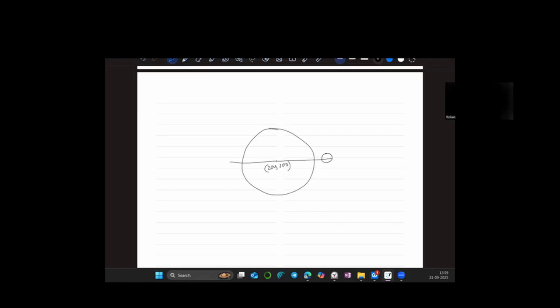Okay. So what should be my strategy here? What should be my approach? Also for reference, these are the axes. This is the positive x-axis. This is the positive y-axis. Now we already know that this length here is 200.